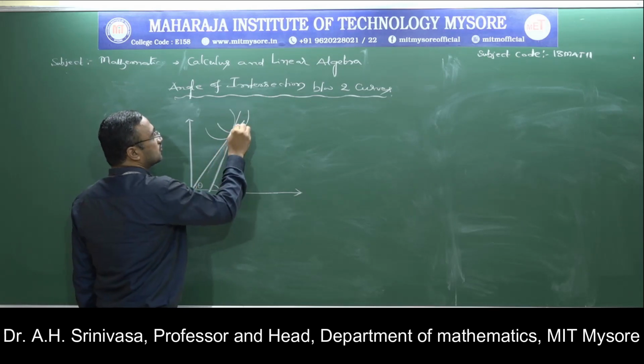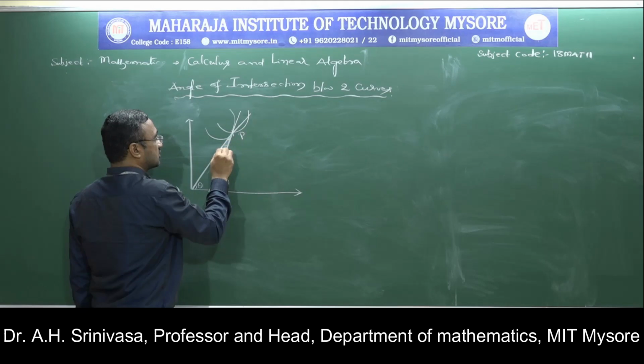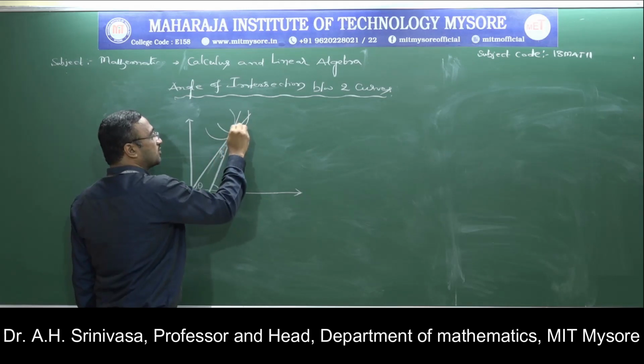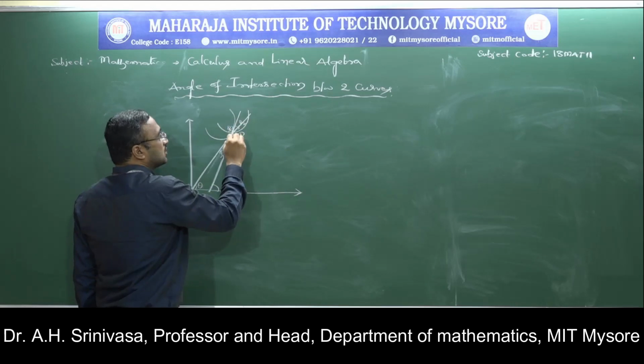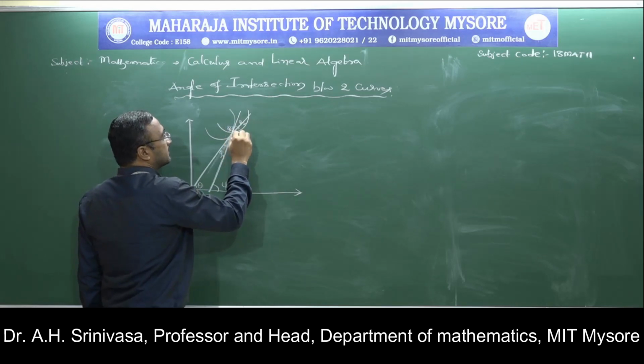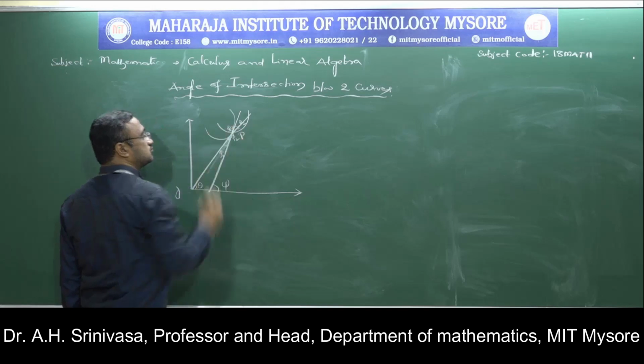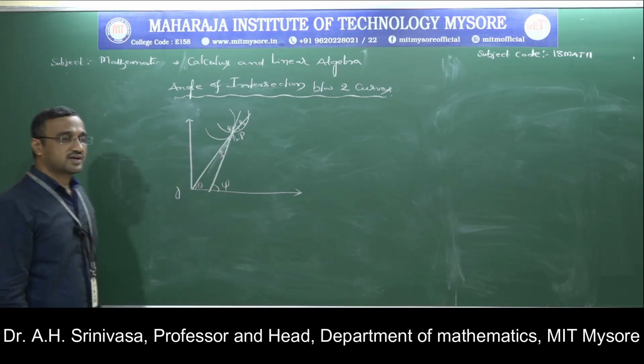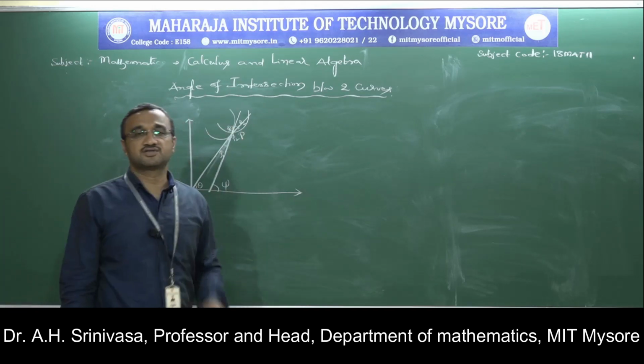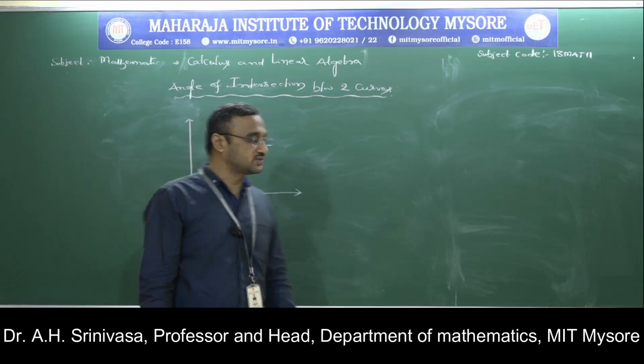Here the two angles are phi 1 and phi 2. So generally we can write down directly the result for the angle of intersection between two curves.